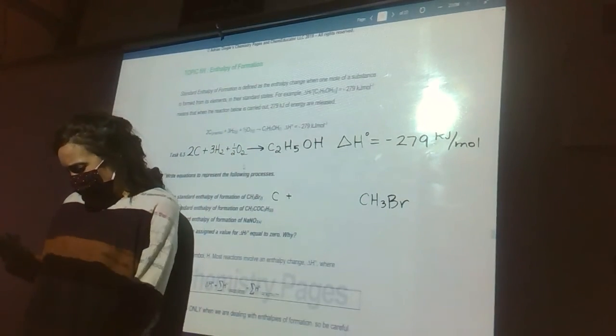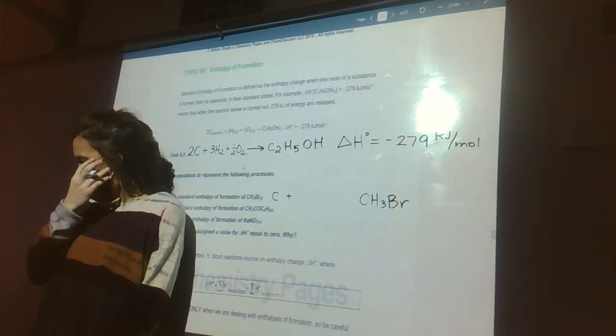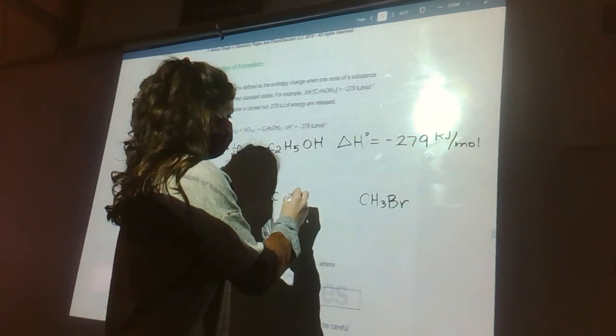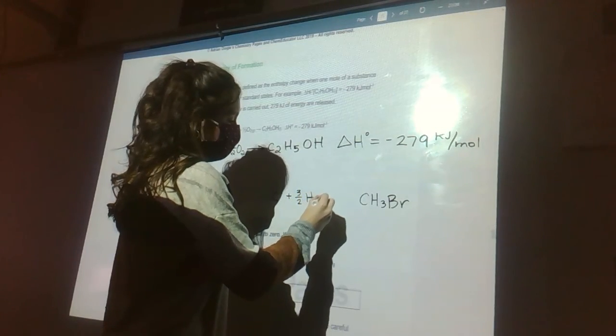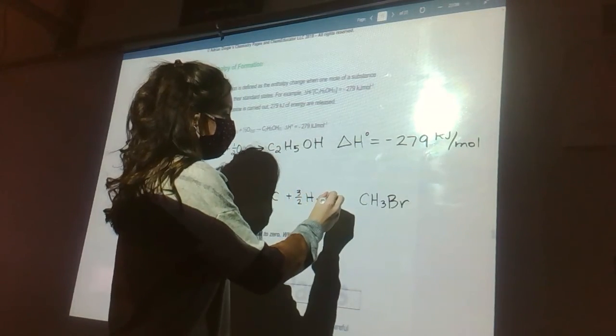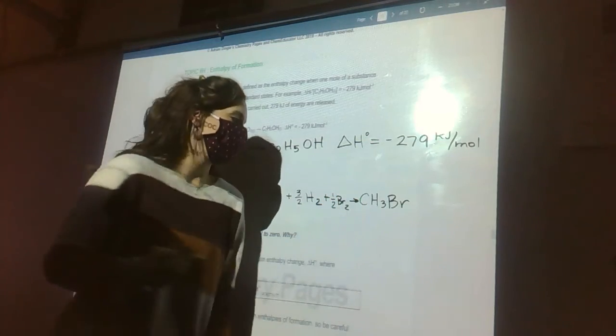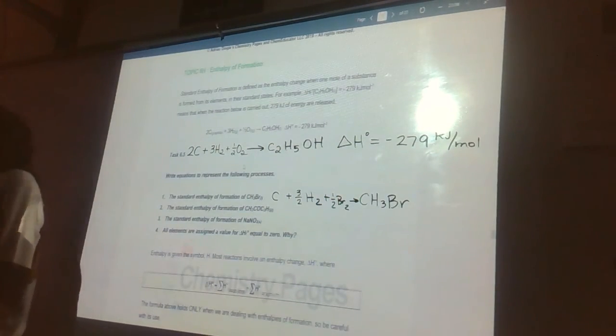How am I going to get 3 hydrogens if it's diatomic? 3 halves of an H2 plus half of a Br2. It's diatomic. That's an enthalpy of formation reaction.